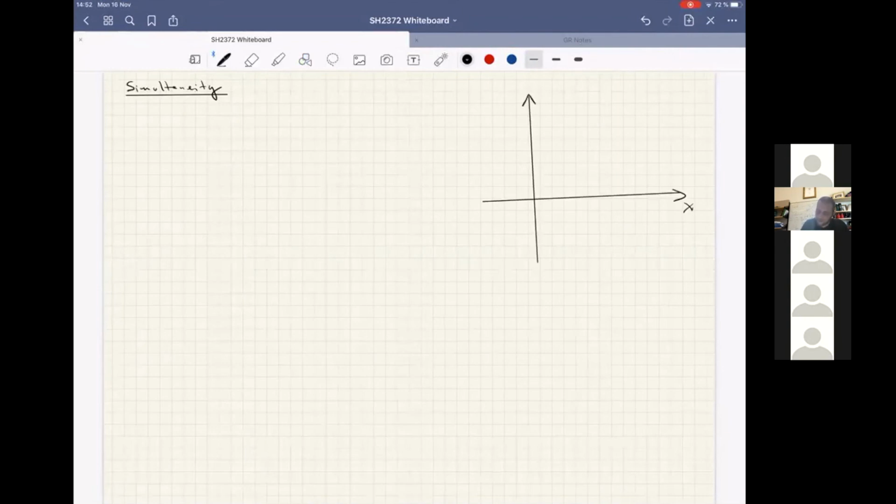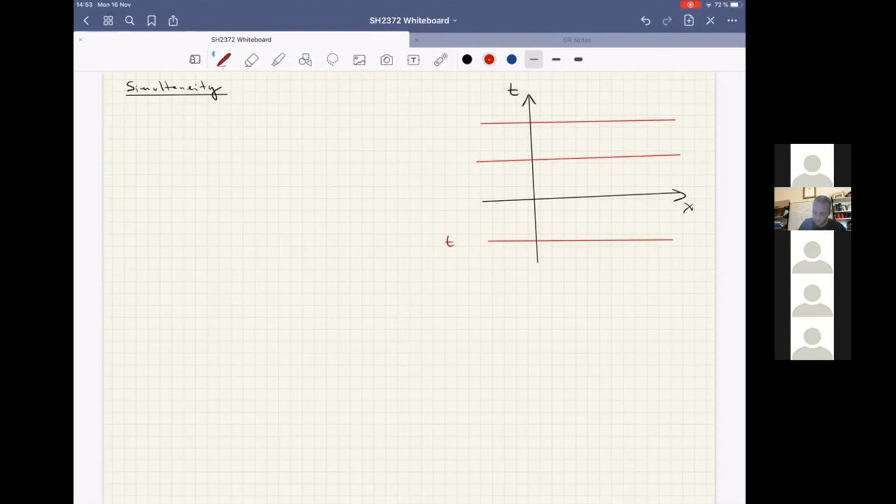We would have the x direction and the t direction, and we would say that in this coordinate frame, simultaneities are the lines with constant time coordinates, or some fixed time coordinate.